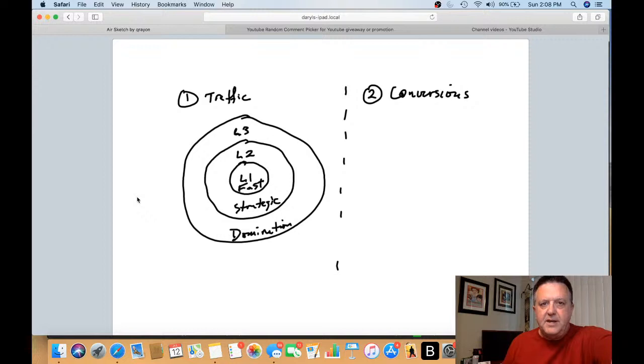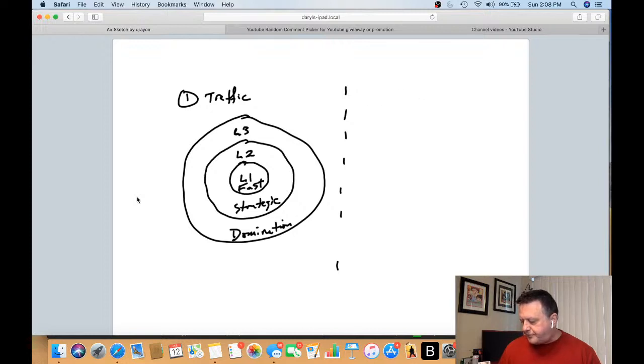Now conversions is important, and if you get the blueprint, you will definitely find that we have information there about conversions. We're just going to get rid of the conversions here, and let's get rid of the one in front of traffic because all we're going to talk about is traffic today.